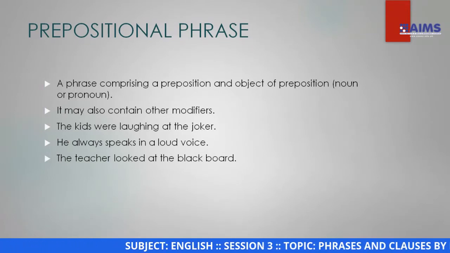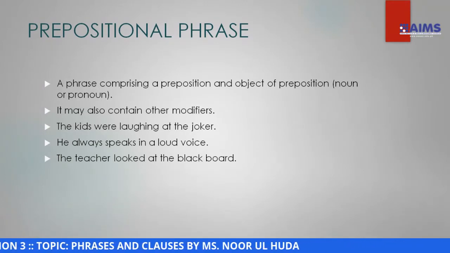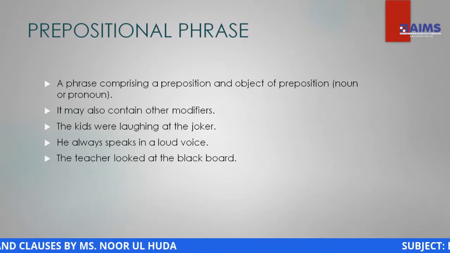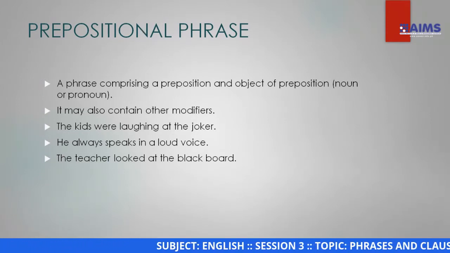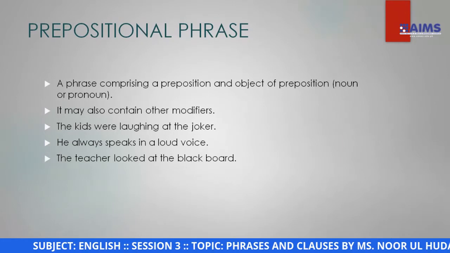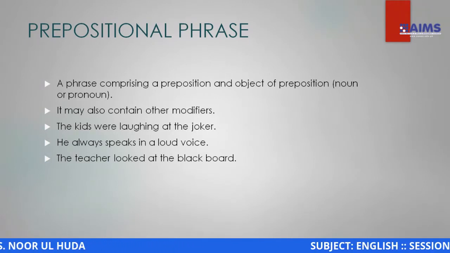So if the position is told through a phrase, it is called a prepositional phrase. It may contain other modifiers as well, other than the preposition, like on, at, of, and there can be other words too. The phrase would be called a prepositional phrase.